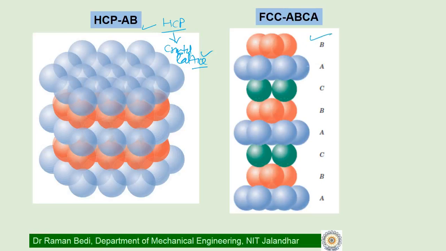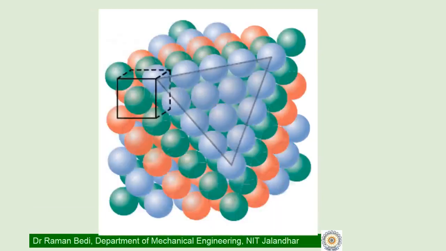Right now we are only referring to this FCC, where we observe the ABC sequence. This is another representation of the same FCC or CCP system, where we have shown how the planes ABC are arranged.